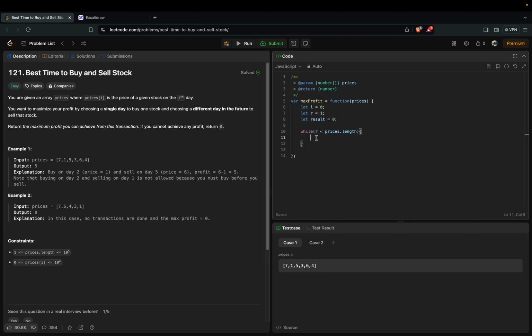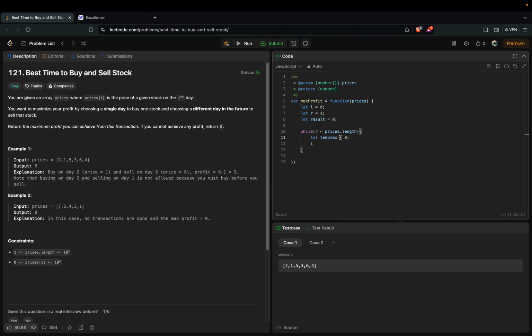Now we are going to temporarily declare a variable, temp max equal to 0. So this variable would store the differences, meaning the stock price differences.